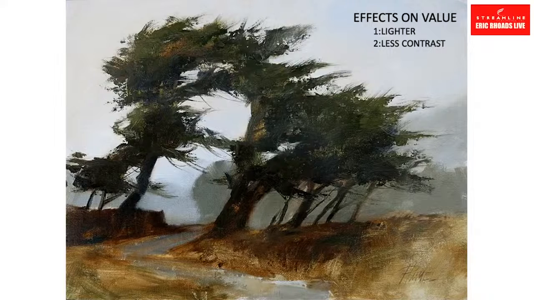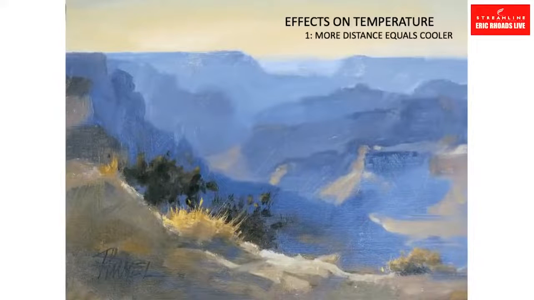So next, atmosphere has an effect on the temperature of color. We're still following that hierarchy of what hue family is it, what is the value, and now the temperature. This little sketch was done at the Grand Canyon last September when there were all those fires.